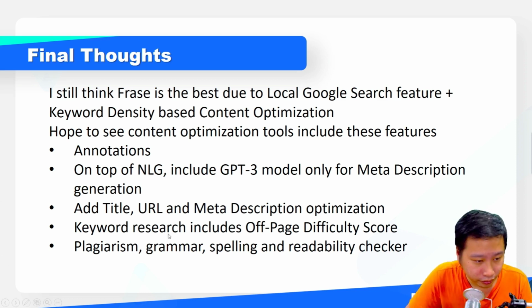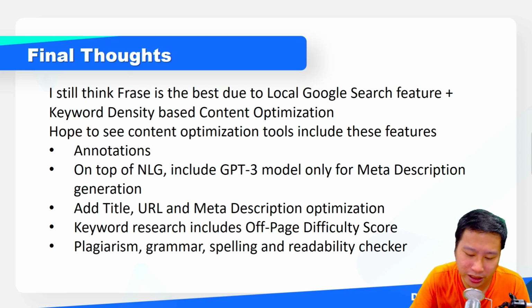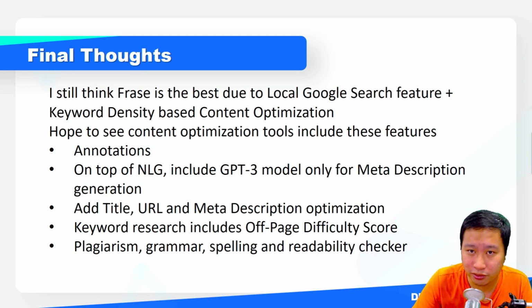And it is also able to do keyword research, including an off-page difficulty score. Right. So sometimes you may want to start writing a piece of content, and you could write a bit better piece of content than all your competitors.